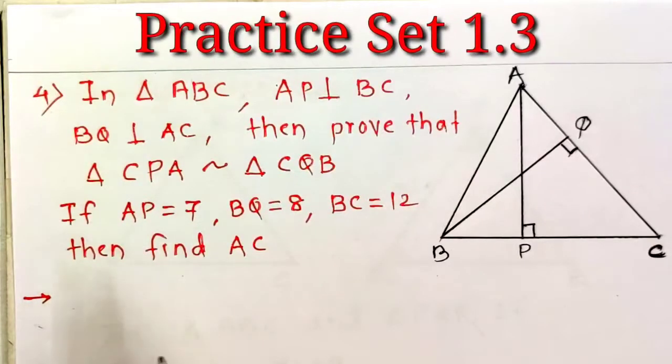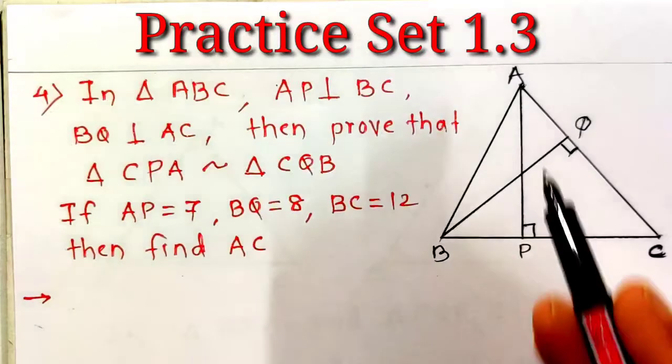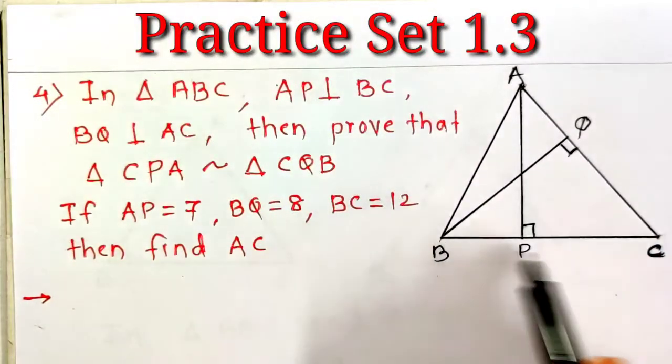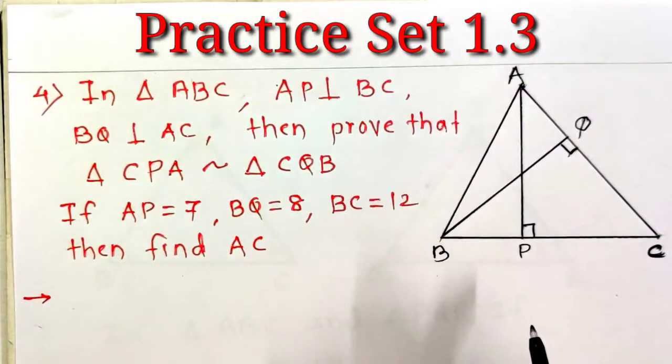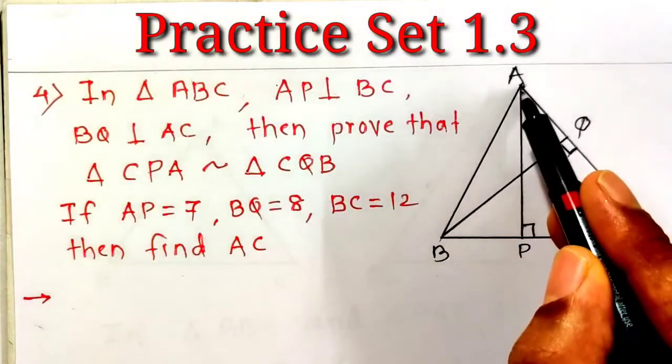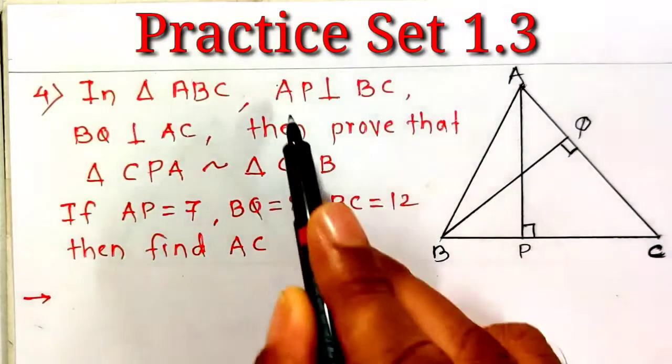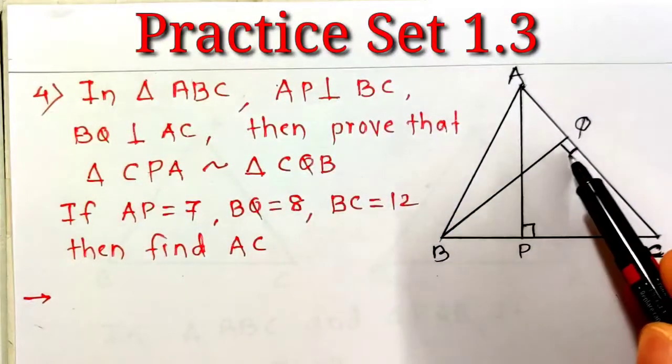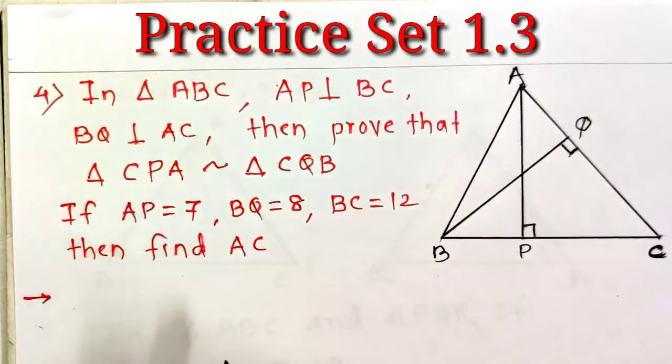Now let us see the next sum, that is the fourth sum. In the fourth sum, ABC is the given triangle. AP is perpendicular to BC and BQ is perpendicular to AC.